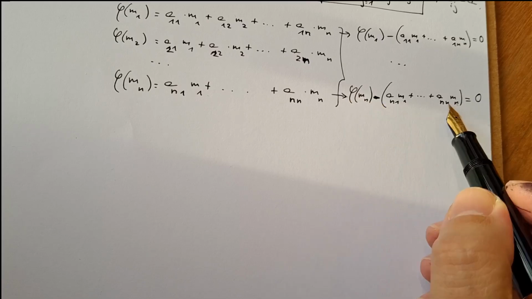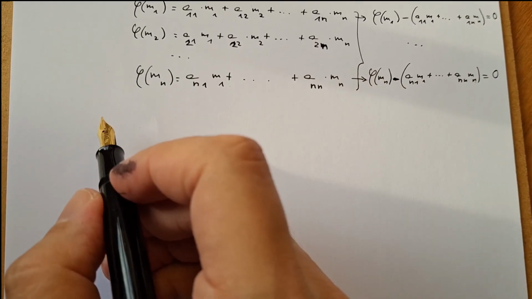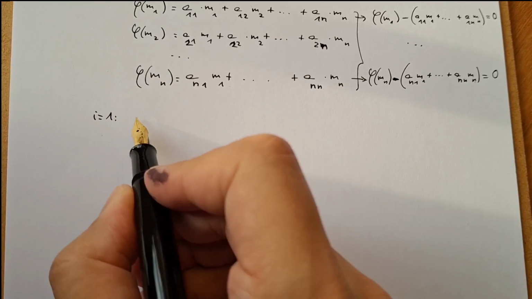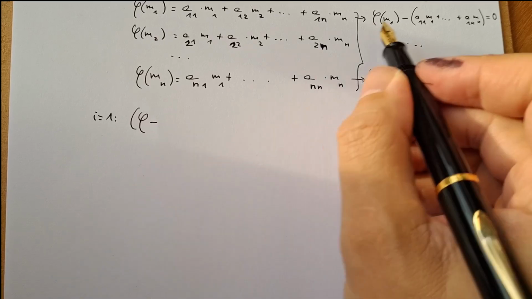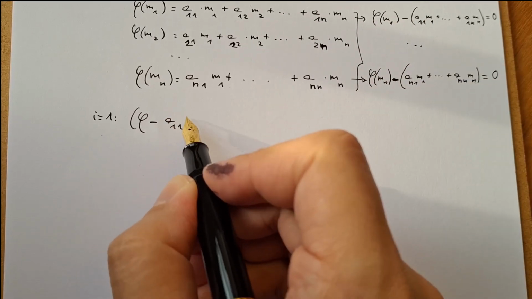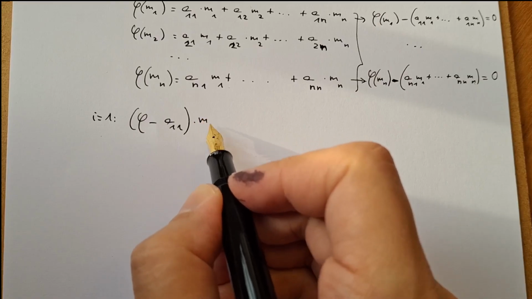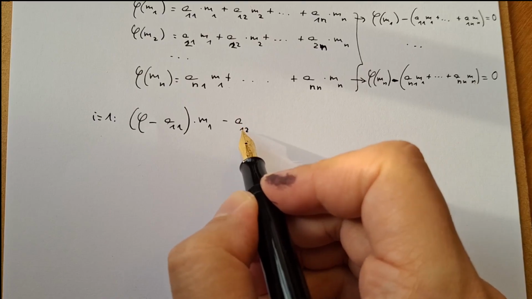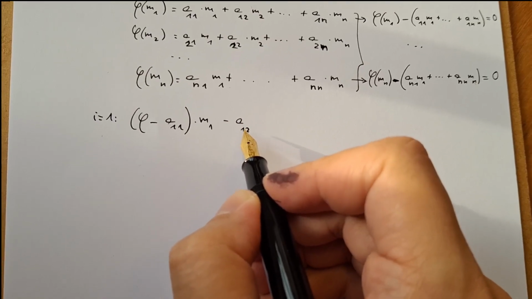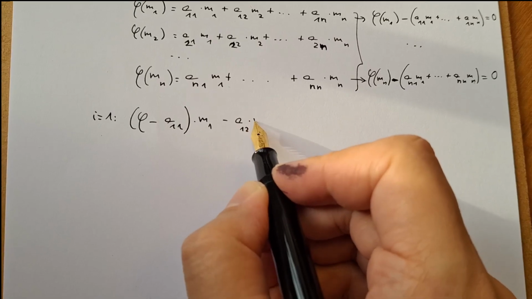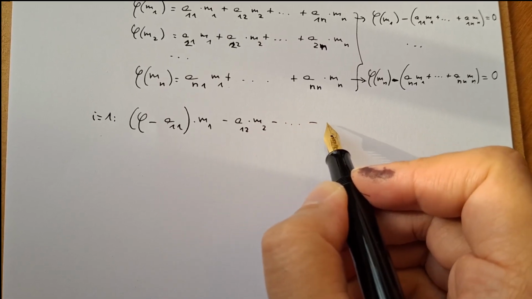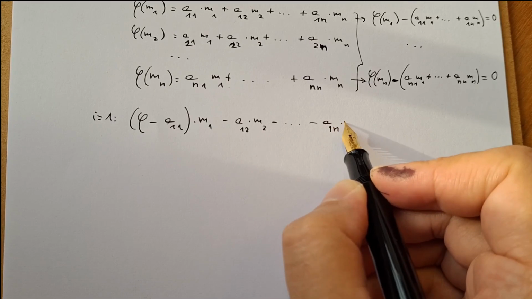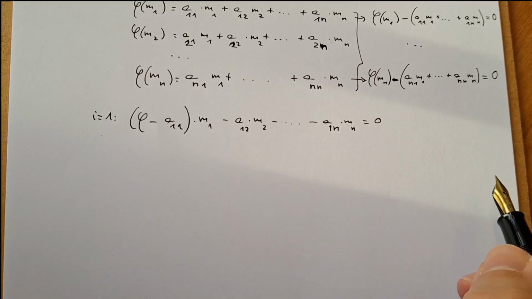So for example, for the first row at i equals 1, we can group psi minus a11, and all of this is multiplied by m1. And now we continue with the rest: minus a12 m2 minus etcetera, till minus a1n multiplied by mn, and this is equal to 0.